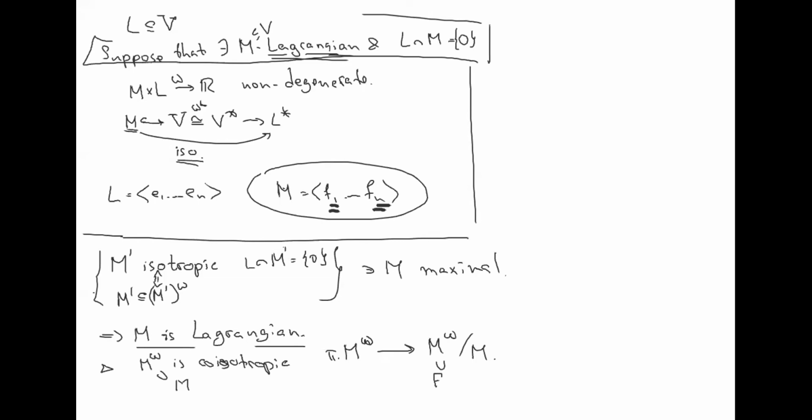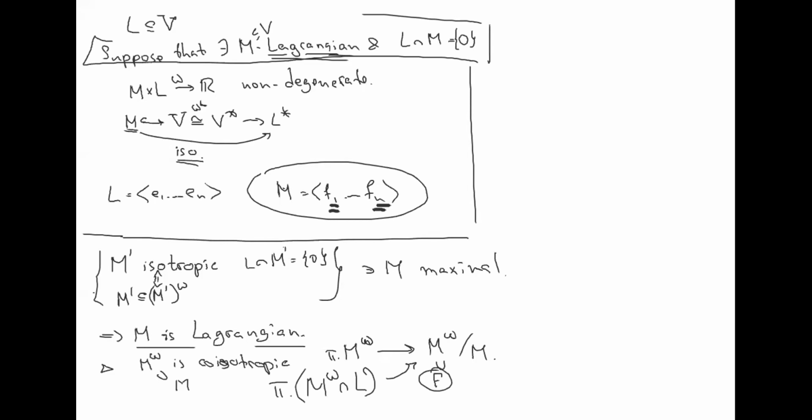I have the intersection of M omega and L, and then I can take its image in the quotient space, and take any one-dimensional subspace which is orthogonal to this image.